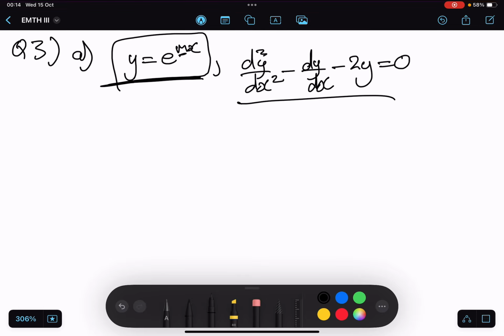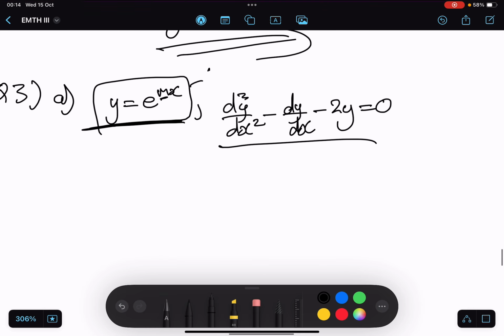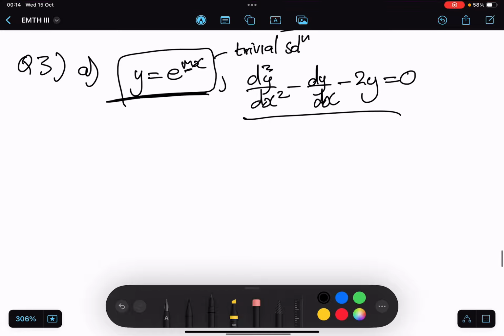So the first thing that you do, you find the first derivative of this trivial solution.